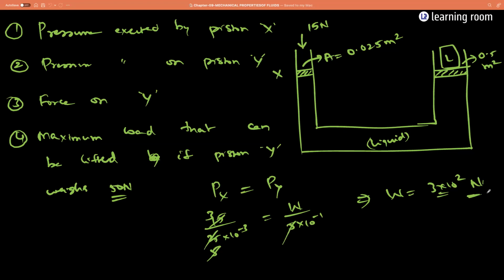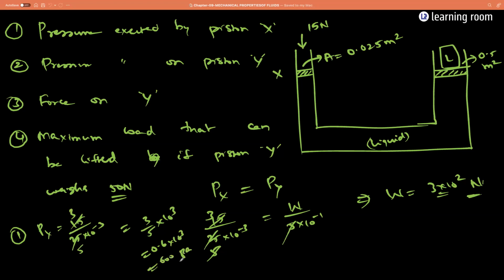What did they ask? Pressure exerted by piston X. So pressure exerted by piston X will be 15 divided by 25 into 10 power minus 3. This goes 3 times, this goes 5 times. So 3 by 5 into 10 power 3, which is 0.6 into 10 power 3, or 600 Pascal.